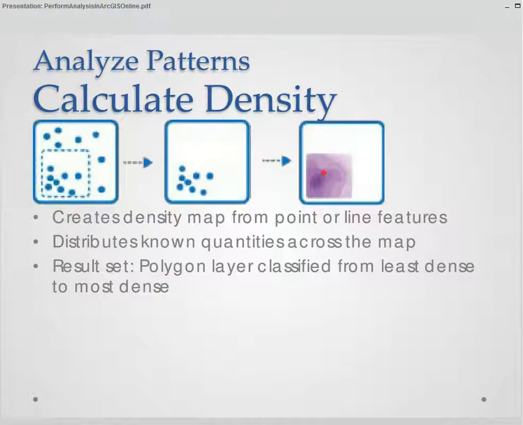To me, this is sort of like a stylus tool in ArcGIS Desktop, which is why you need the spatial analyst privileges, or even the geostatistical analyst. So again, you're creating a density map. You're taking point data and creating a surface, really. Again, it's distributing those known quantities across the surface.